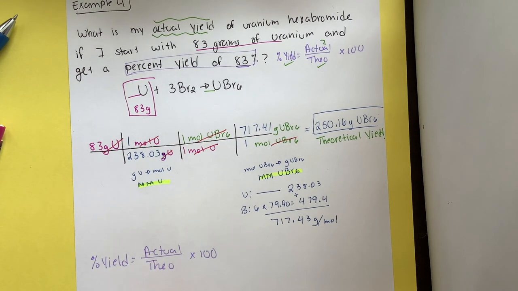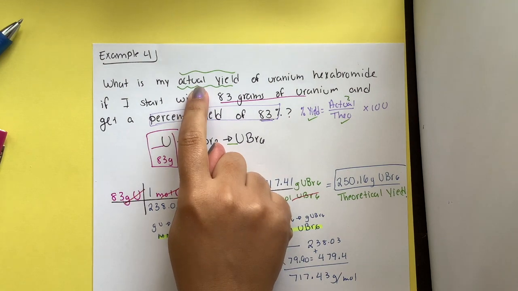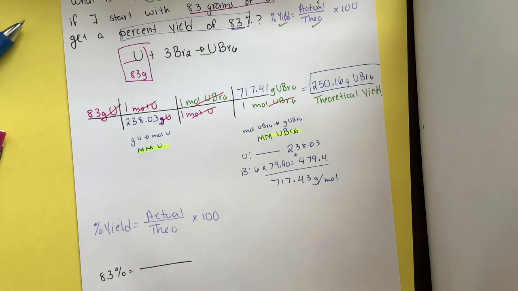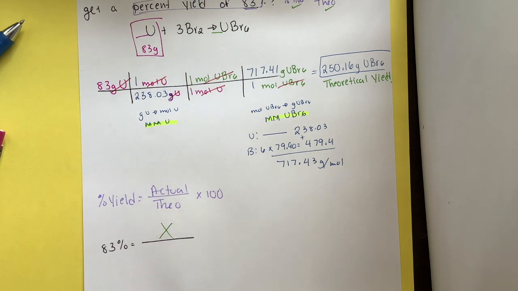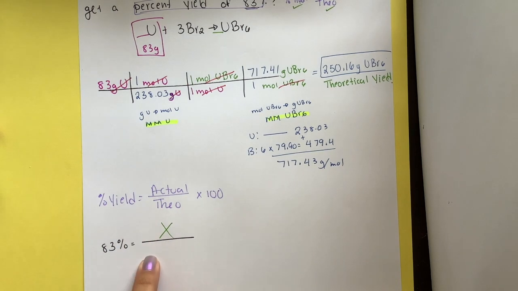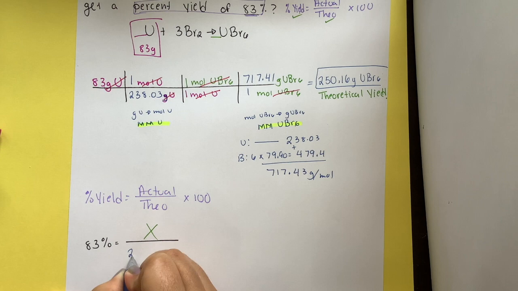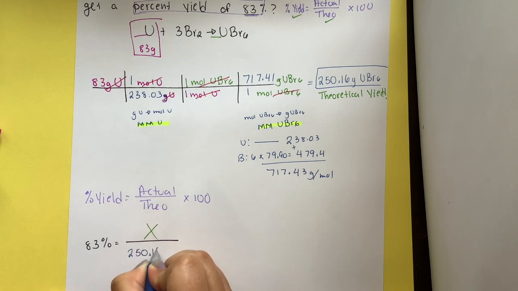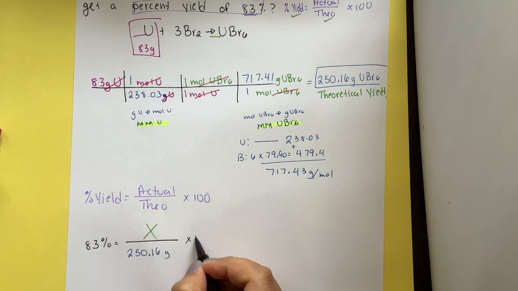Actual yield, I do not know what the actual yield is. That is what the question is asking me for. What is the actual yield? So for actual yield, I'm going to put an X because I don't know what that is. And then my theoretical yield, what goes here, I just solved for it. It's 250.16 grams. And then I can't forget about that 100.